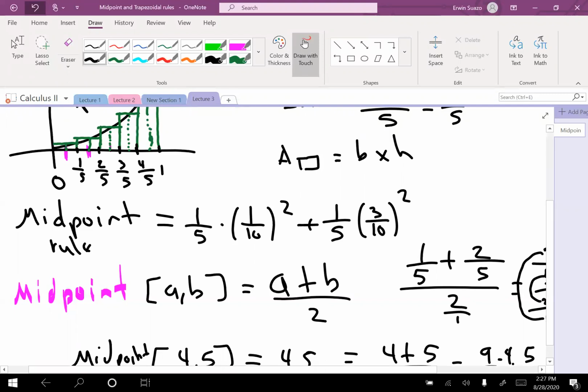Yes or no? Yes. Okay, plus 1/5 times the middle of the next rectangle. What is the middle of the next rectangle? 1/2. 4/10, 5/10. Or 1/2 is true, but I want to put in this term so people follow what I'm saying.